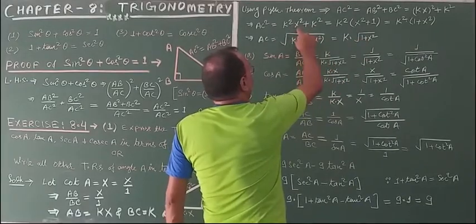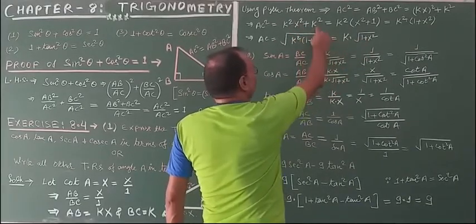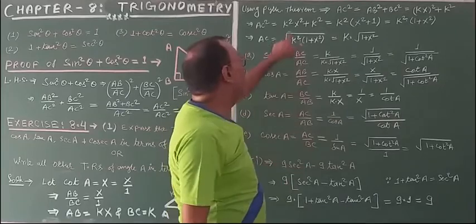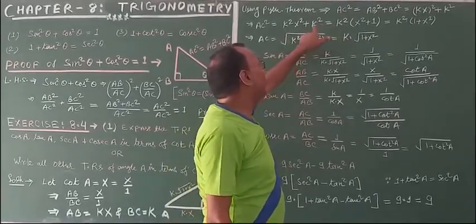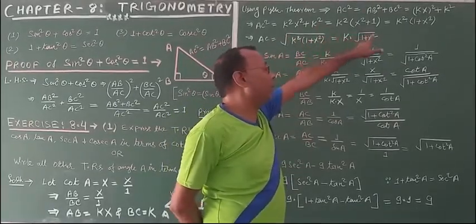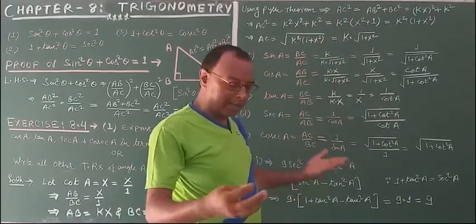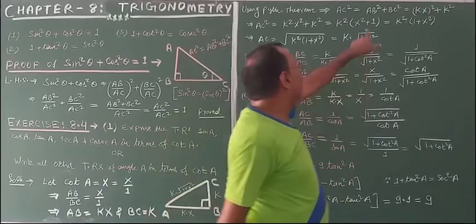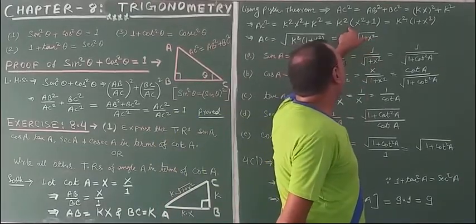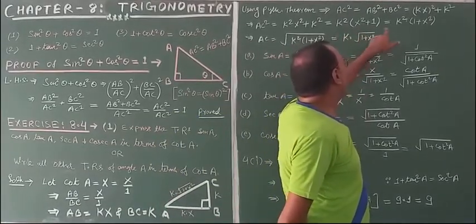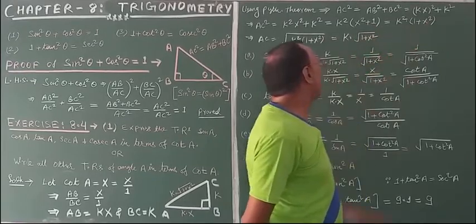Kx whole square is k square x square plus k square, and k square can be taken outside. What you will get? X square plus 1. This x square plus 1 we can write 1 plus x square. That's the reason it will be written as k square into 1 plus x square.